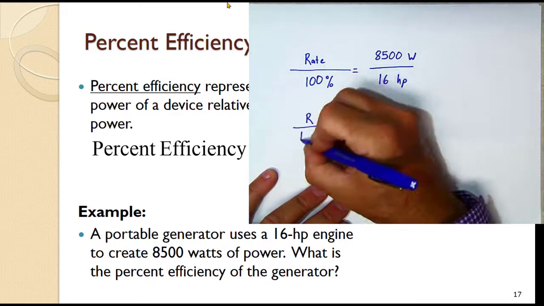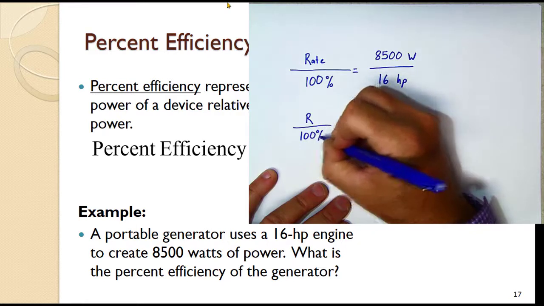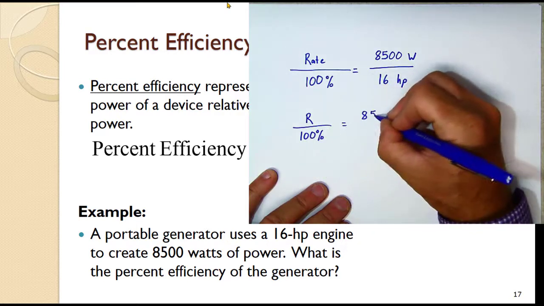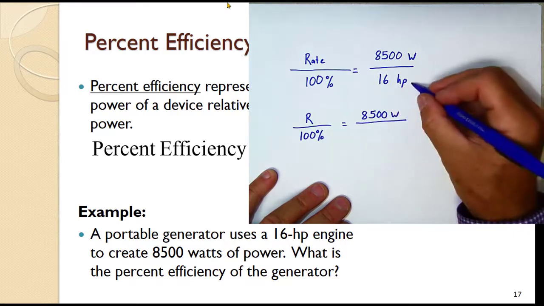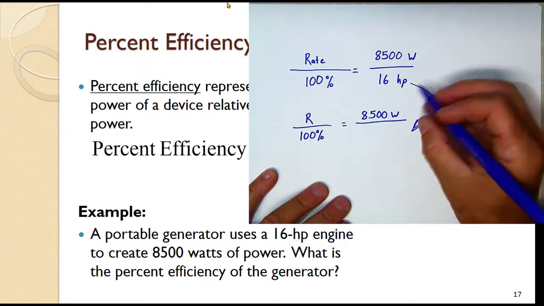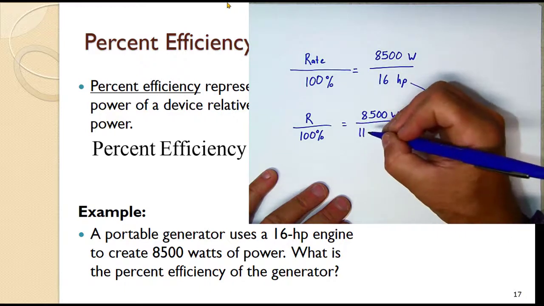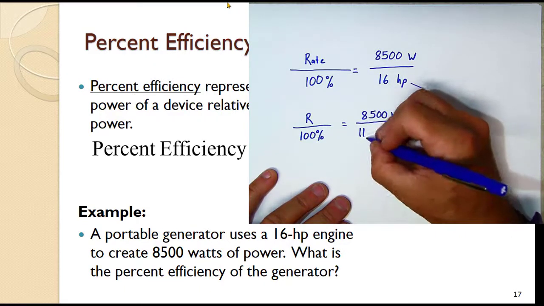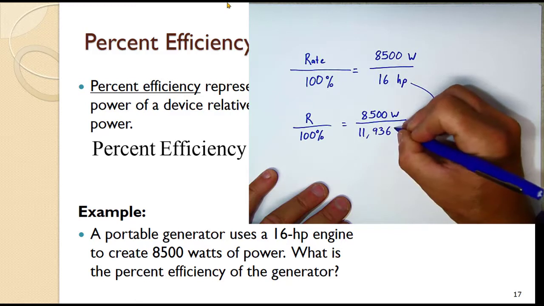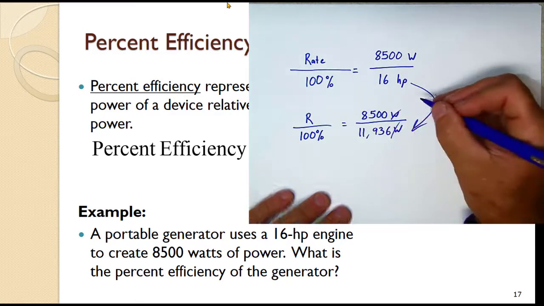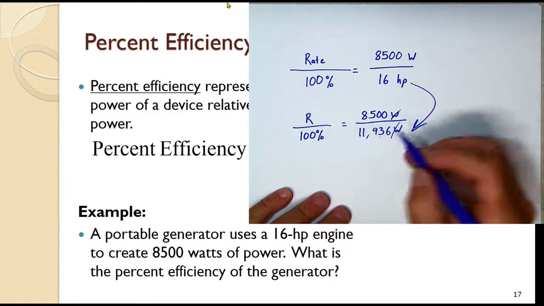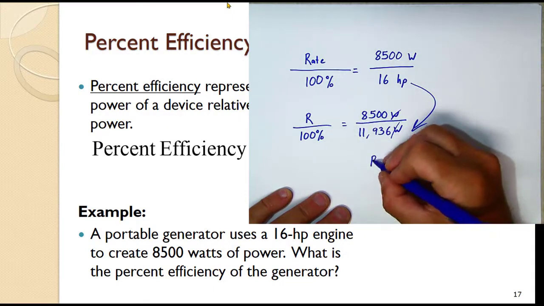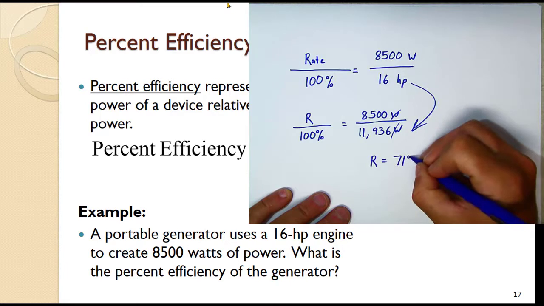So if we solve this, we get R over 100 equals 8,500 watts over the work we did just a minute ago to show that 16 horsepower is the same as 11,936 watts. Now those units cancel, and if we take 8,500 times 100 divided by 11,936, we get a rate of 71%.